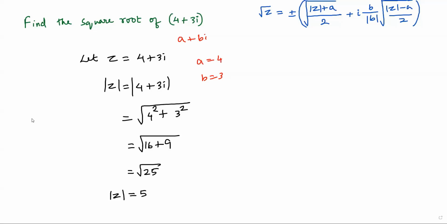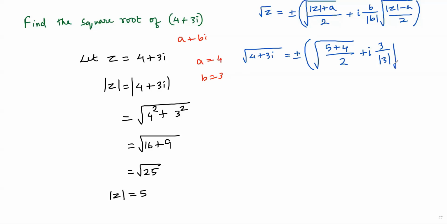Square root of 4 + 3i equals positive or negative, square root of (5 + 4) over 2, + i times 3 over absolute value of 3, times square root of (5 − 4) over 2.